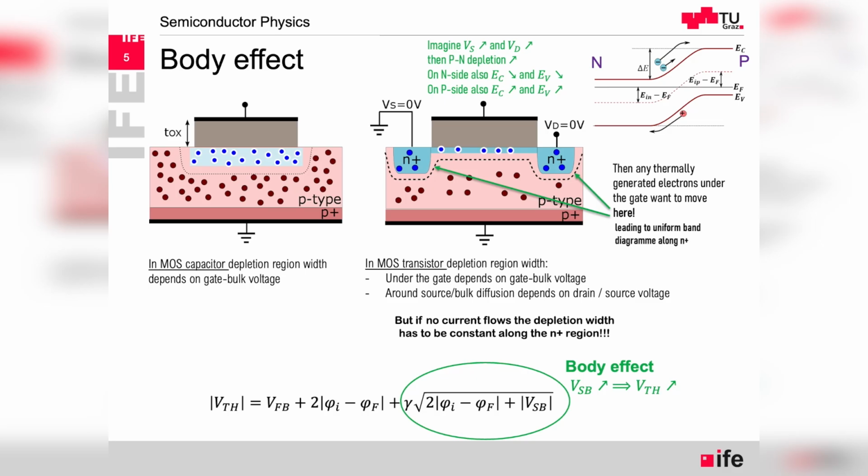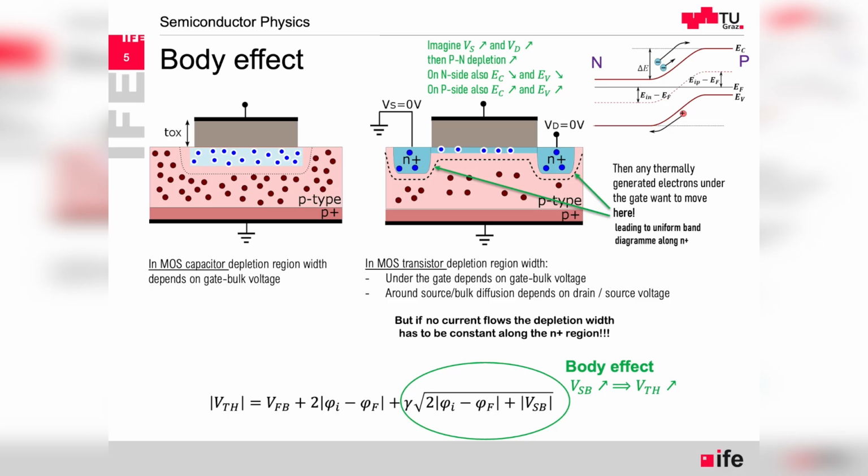And now what happens close to the gate? Under the gate, suppose the depletion region wouldn't change. So the energy level under the gate would be somewhat higher than the energy levels close to source and drain.